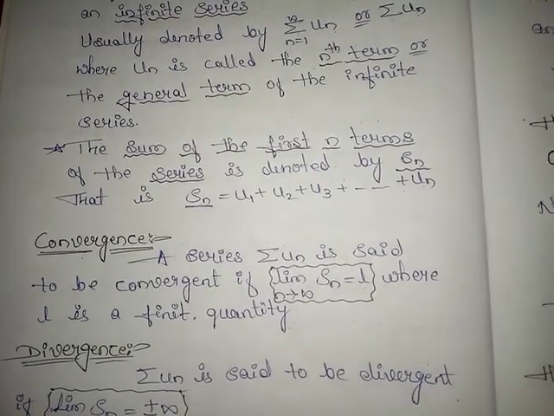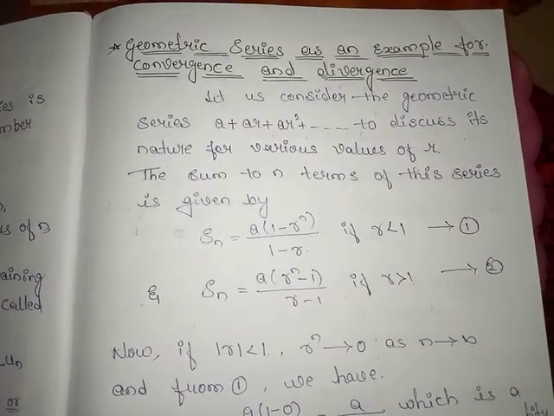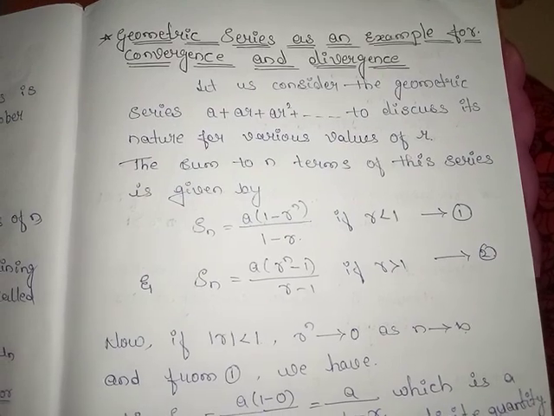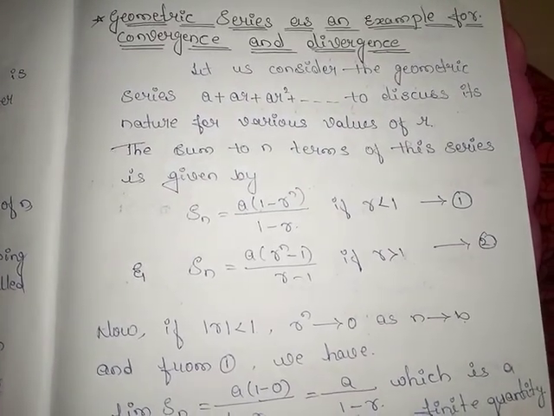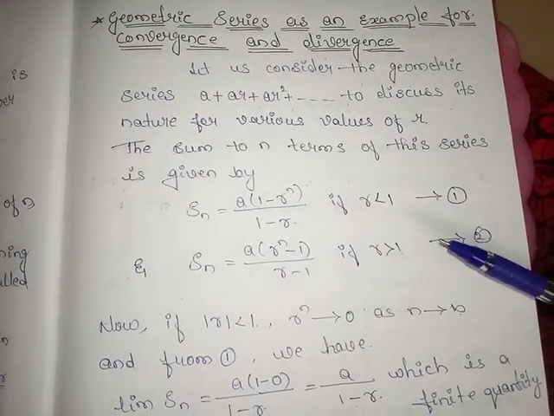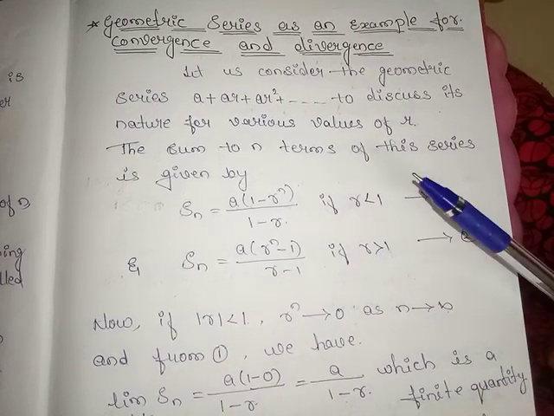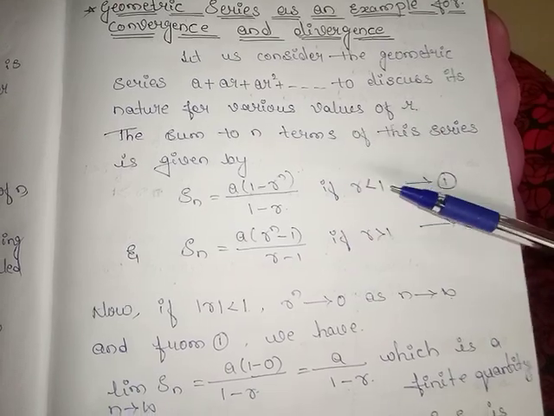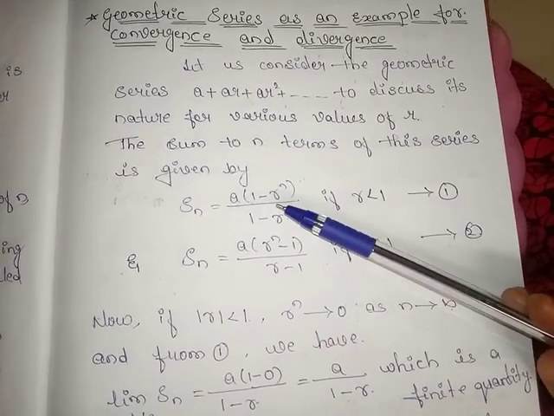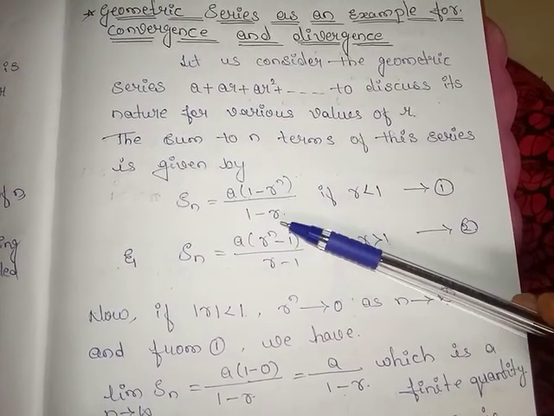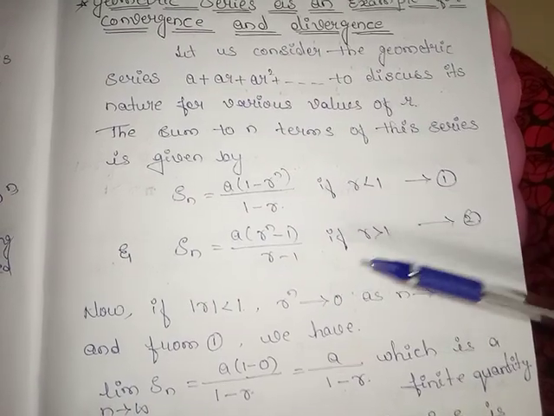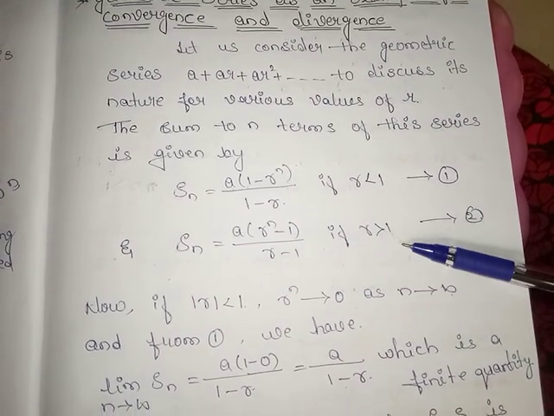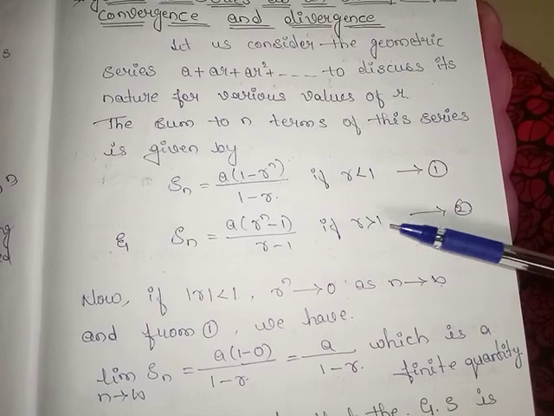And we also took the geometric series as an example for convergence and divergence. We know that the sum of the first n terms of this geometric series is given by Sn is equal to a into 1 minus r raised to n divided by 1 minus r when r is less than 1, and the other formula is for r greater than 1.